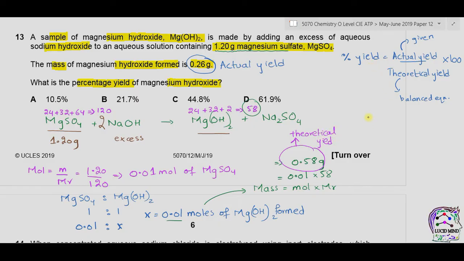Now putting into the formula of percentage yield, it is equal to actual yield, which is given as 0.26 grams, divided by theoretical yield, which is 0.58 grams, into 100. So it comes equal to 44.8%. The answer is therefore C.